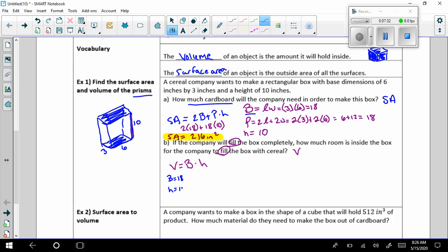A lot of times you learn this formula as length times width times height. That is capital B in this particular case, and that's why you learned it that way, and that's fine. This generalizes it to every type of prism. So even if we have a triangular prism, for example, which looks like this.